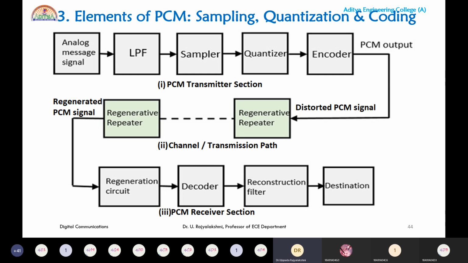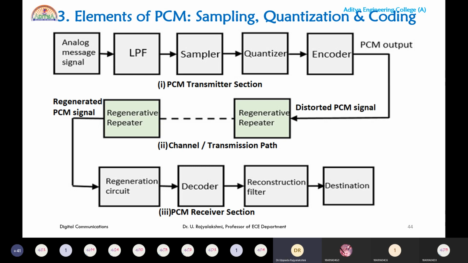It allows only the lower frequencies by eliminating the high frequency components. So these are the elements of pulse code modulation. It consists of 3 sections in general. The PCM transmitter section consists of a low pass filter followed by an A to D converter.